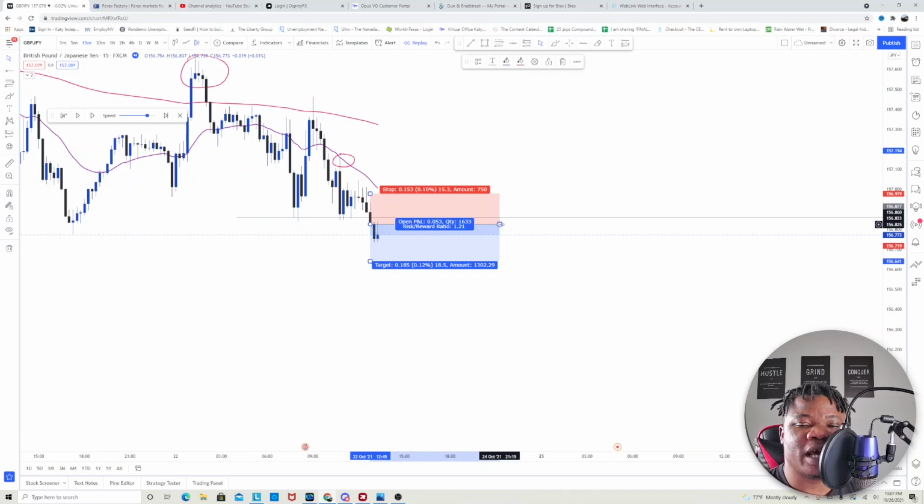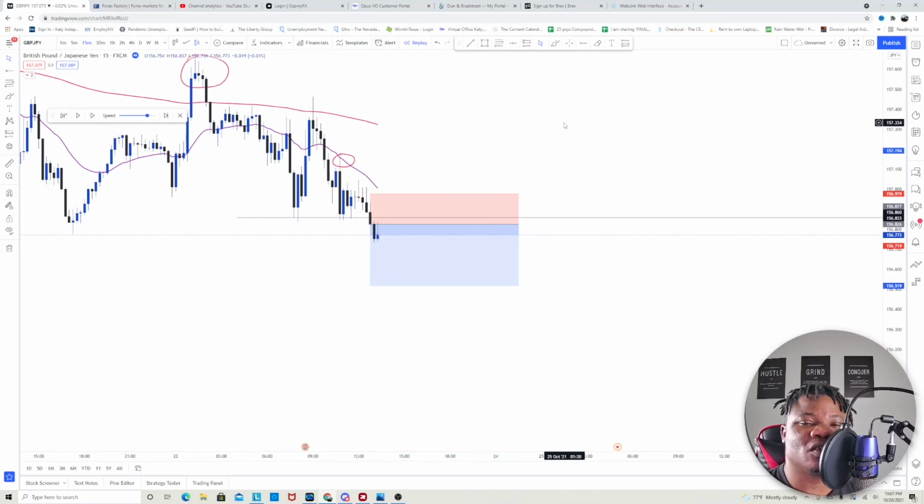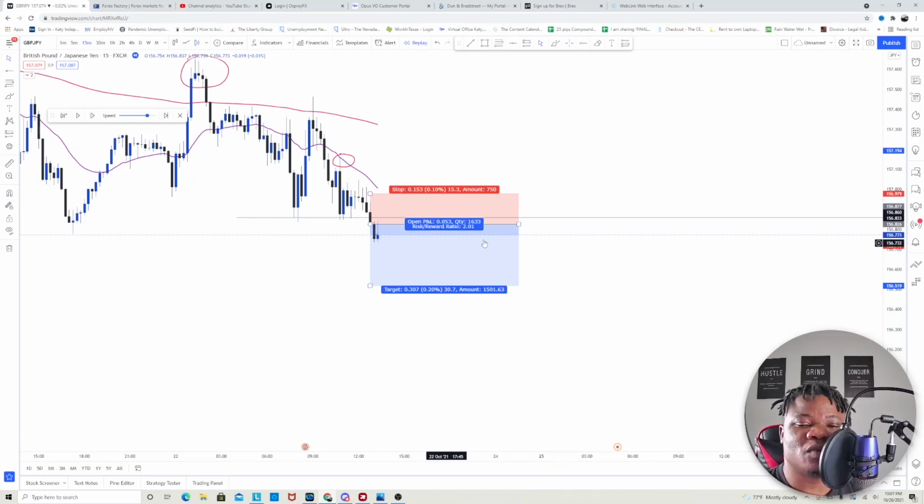So then we'll have our risk reward ratio as 2 times. Like I told you guys earlier, meaning if you're trying to spend $10, you're trying to make $20. So now we have our take profit target. Our risk reward ratio is 2 times. Our take profit target is 30 pips, stop loss 15 pips. So let's see how this trade played out.